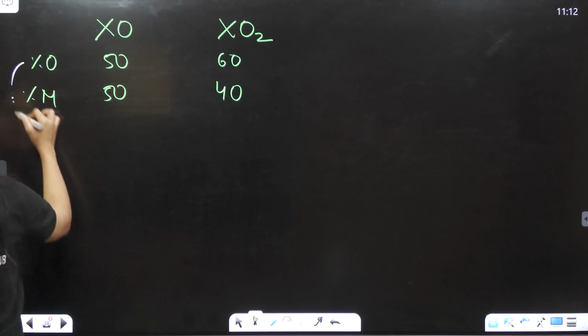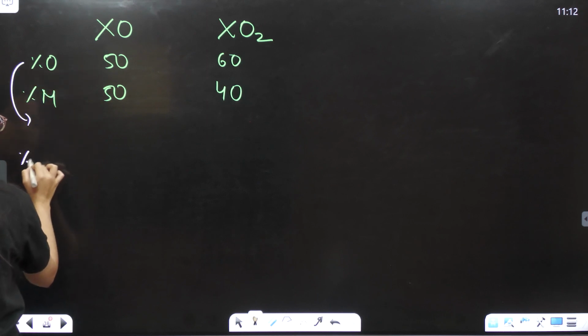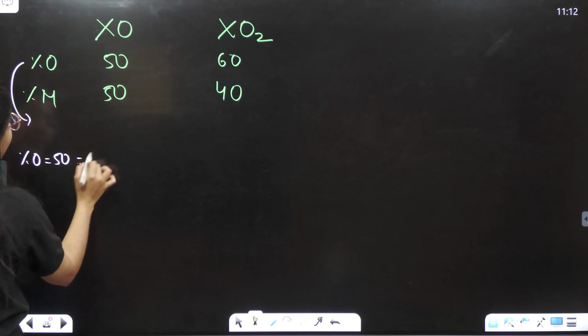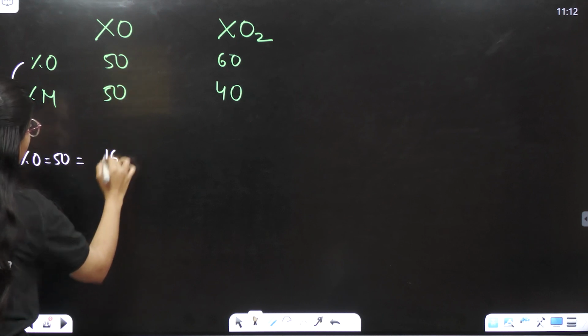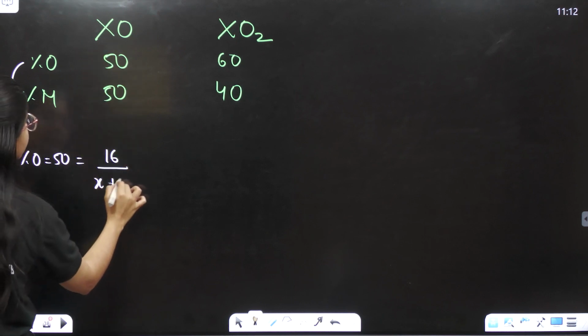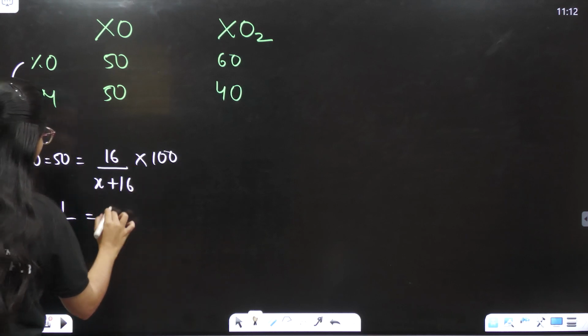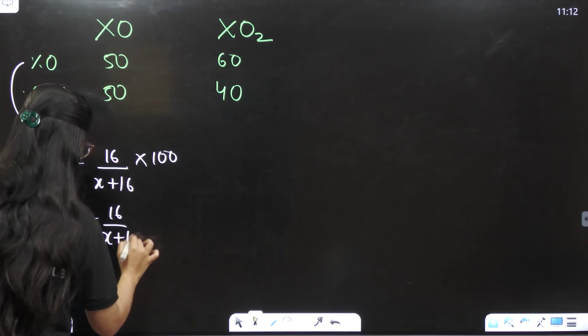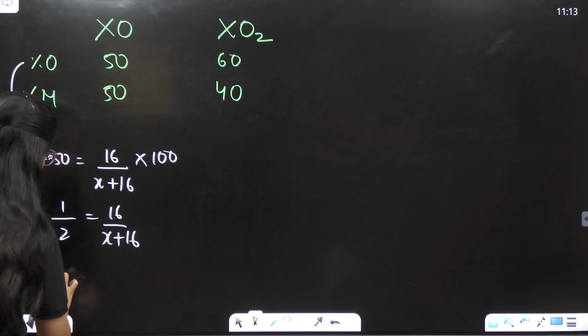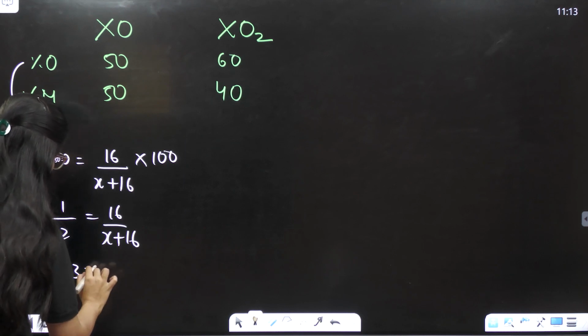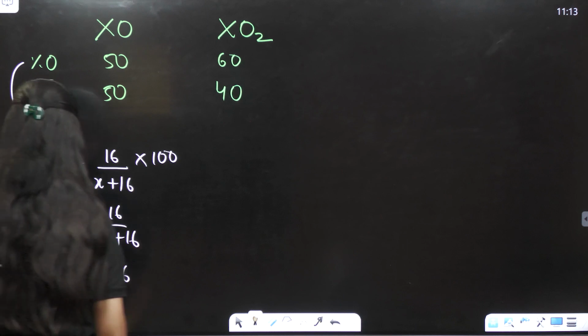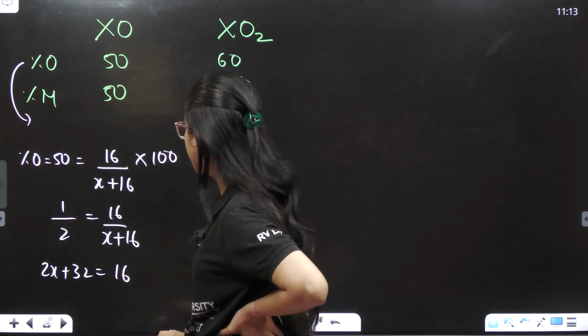So here the percentage of oxygen is 50. You can calculate: 16 mass, and total mass will be X plus 16, into 100. This will give you 1 divided by 2 equals 16 divided by X plus 16. So you will get 2X plus 32 is equal to 16. So what will be your value of X here?